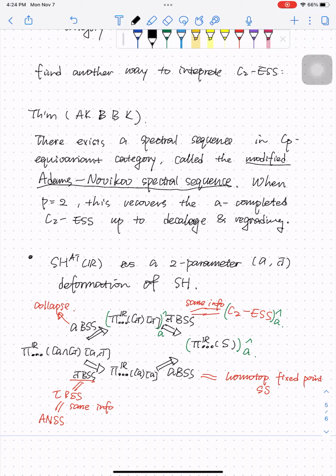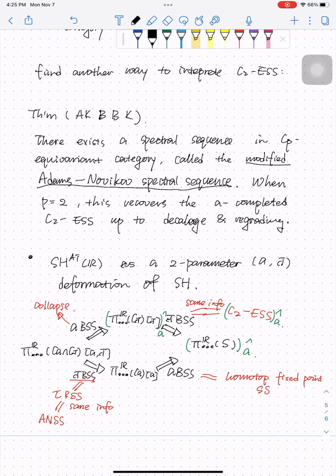You can build it using some sort of truncated co-simplicial thing. But that's only a completed version, and getting the version without completion is something that we are trying to achieve.